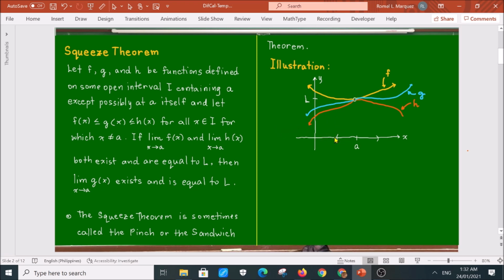In this illustration, g of x is squeezed between f of x and h of x near x equals a, and if f of x and h of x have the same limit L as x approaches a, then g of x is forced to have the same limit L as x approaches a.